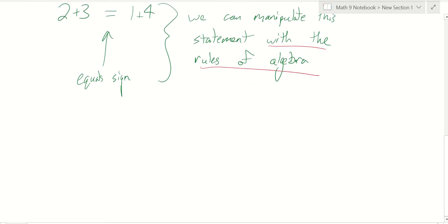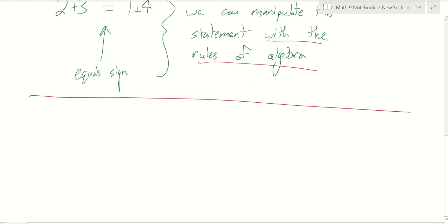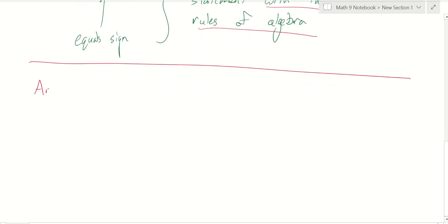So what is an inequality? An inequality has some similarities to equations. An inequality is also a statement. Just like an equation, it is a statement, but it states something different.